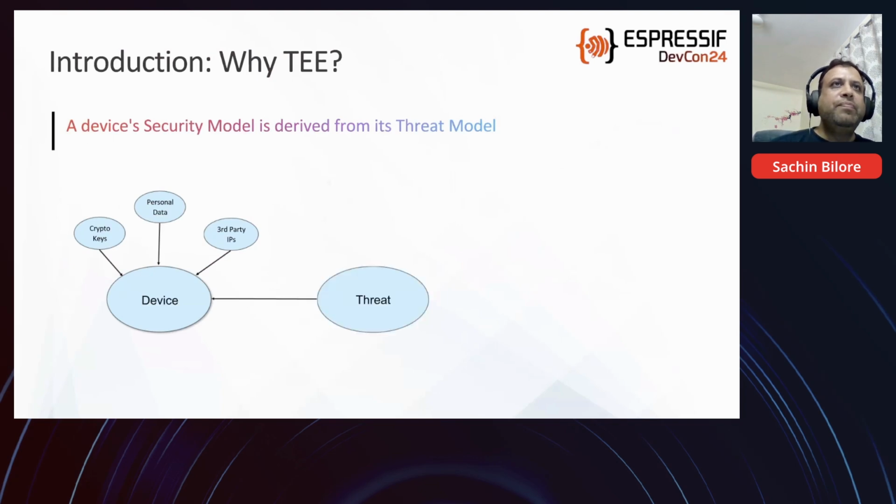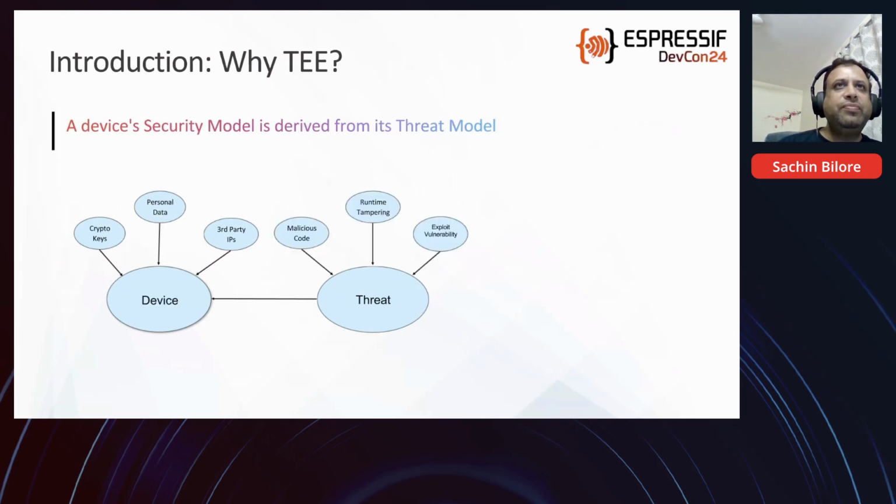So confidentiality protection for these data could be provided by encryption when they are at rest. But when the device is using these assets, they are generally present in the internal SRAM, internal memory, or CPU context in plain text. And there they may be subjected to some threats.